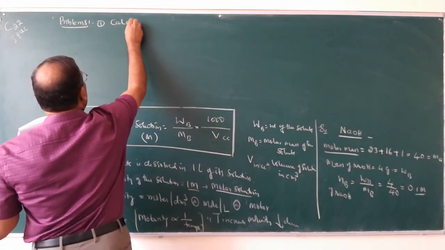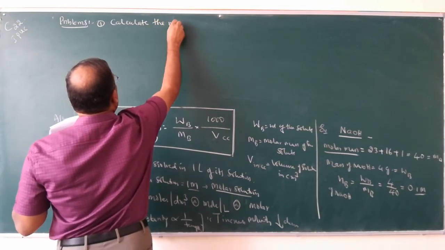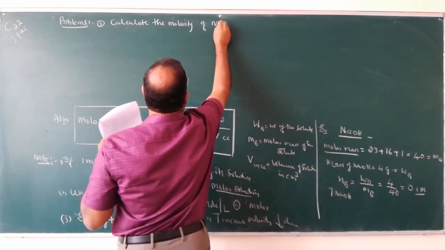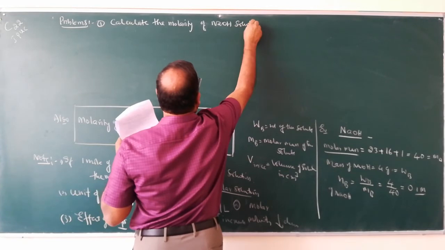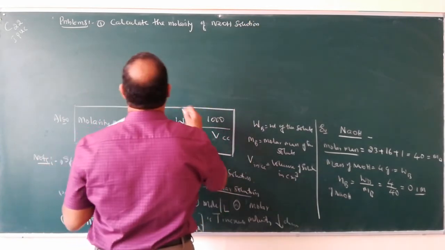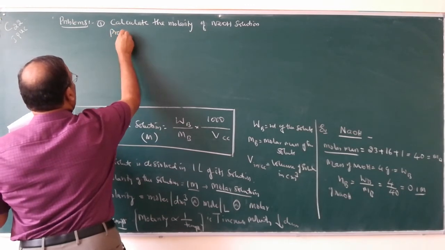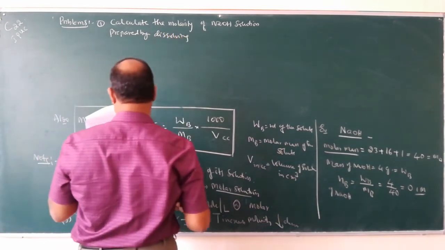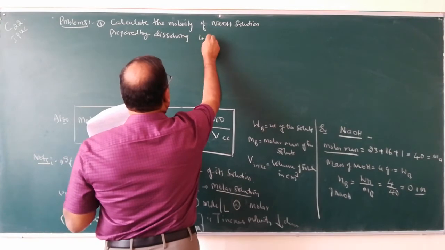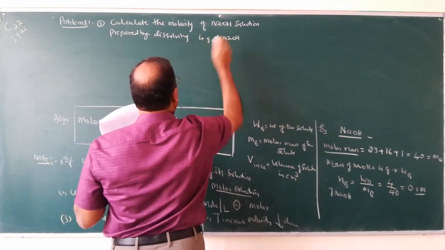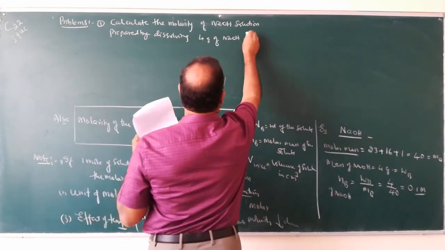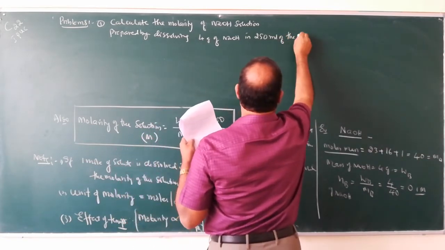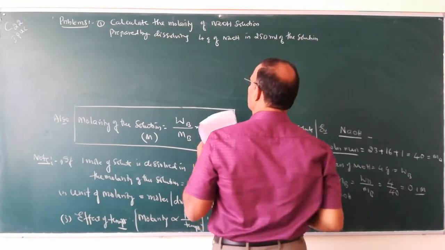Calculate the molarity of NaOH solution, sodium hydroxide solution, prepared by dissolving 4 gram of NaOH in 250 ml of the solution.